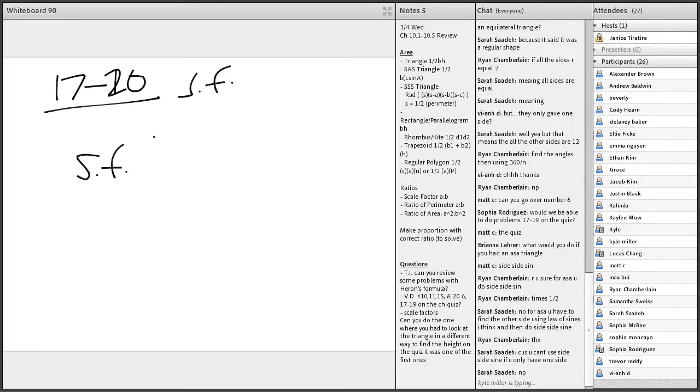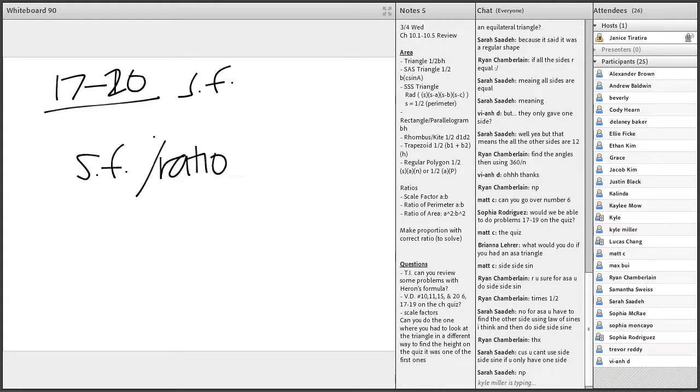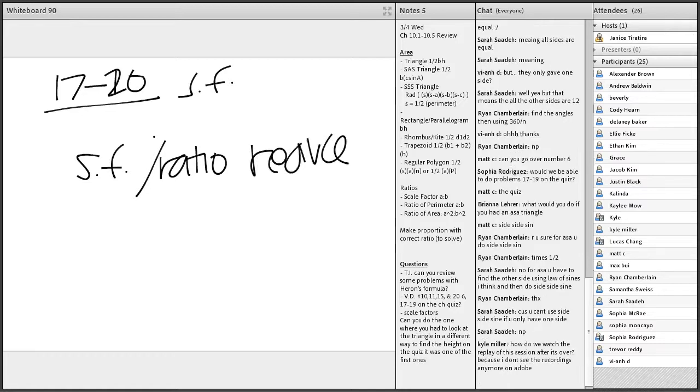Scale factor is just when you're given sides of your shape and you make a ratio, or a fraction. So make sure you reduce it. Okay, make sure you simplify it. So, if it's 2/4, make it 1/2. If it's 3/9, make it 1/3.